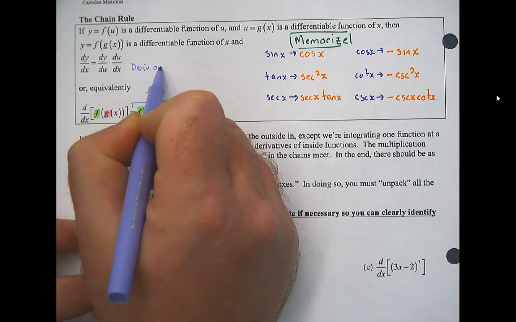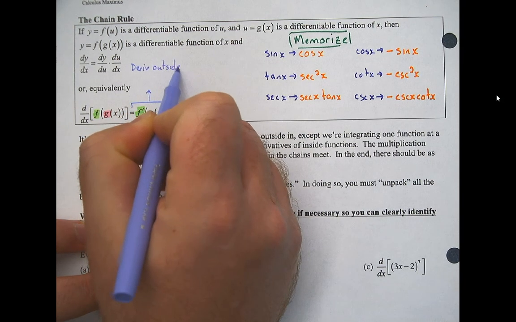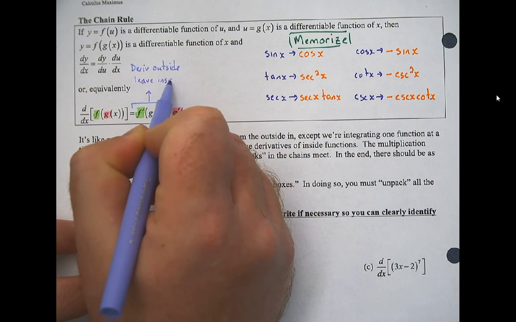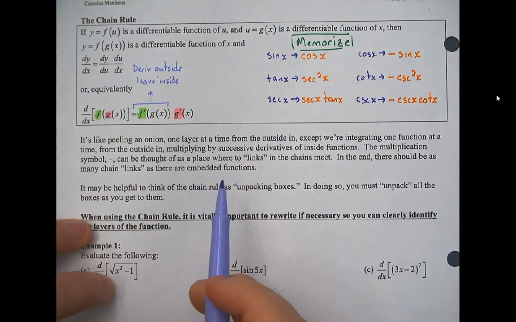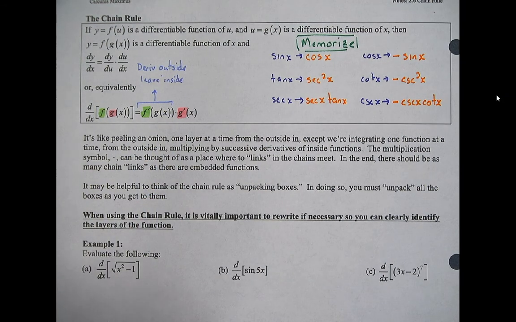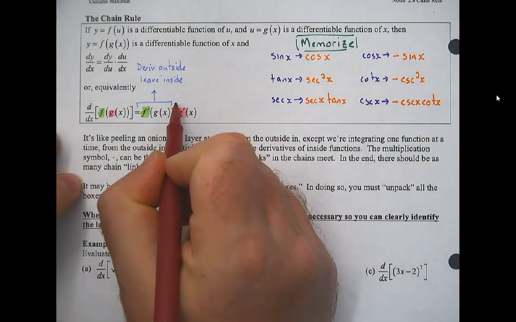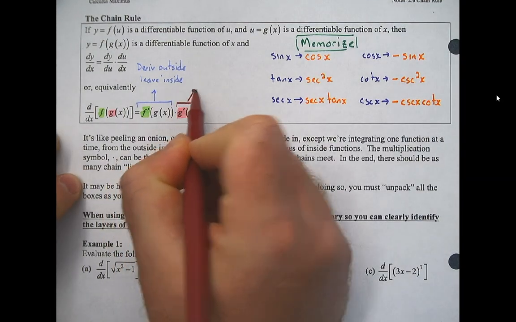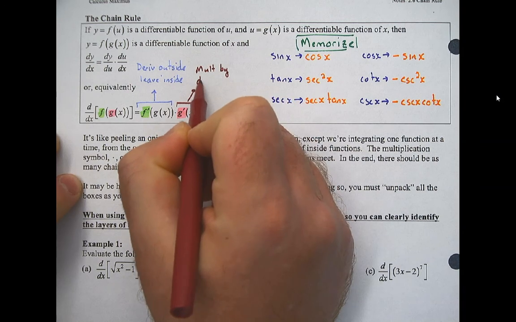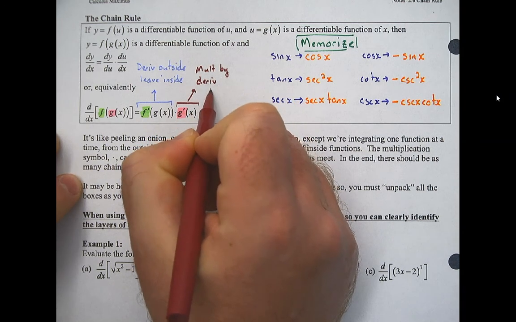Derive outside, leave inside. So I derive the outside piece of the function, but I leave the inside function the same. Then I multiply by the derivative of the inside function.